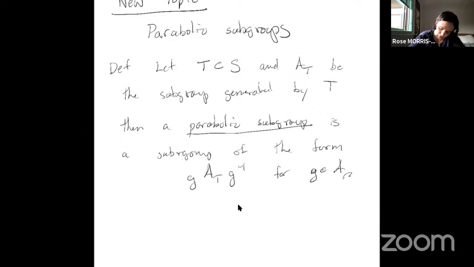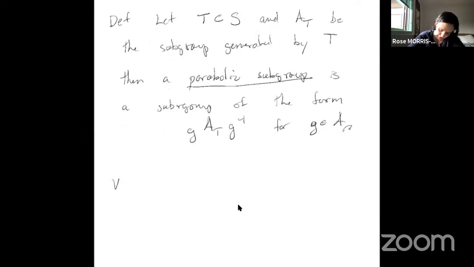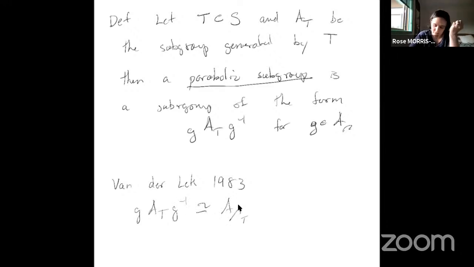We already learned yesterday, maybe I'll just re-mention this result, that this A_T and also its conjugates are isomorphic to Artin group Gamma_T, right? The point is this is like a little Artin group inside my big Artin group, and it's the Artin group that corresponds to the subgraph that you would expect.